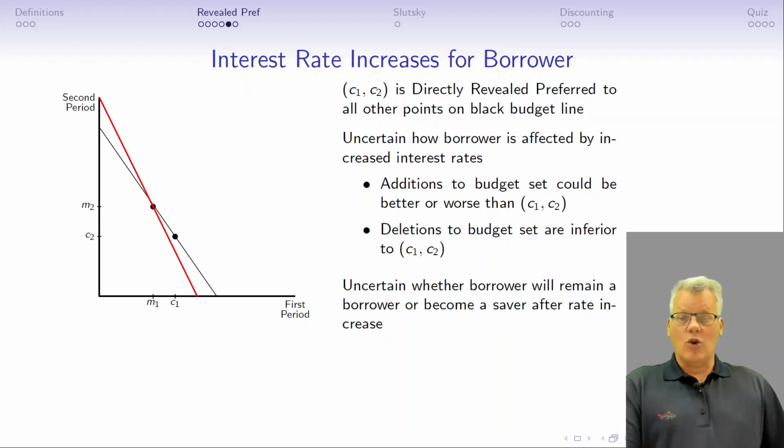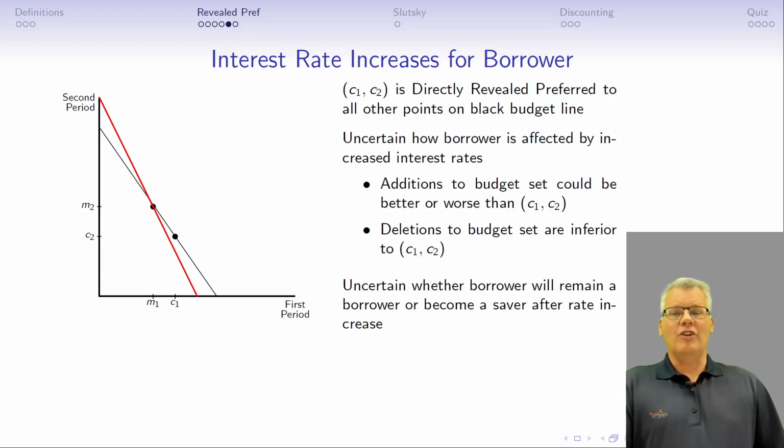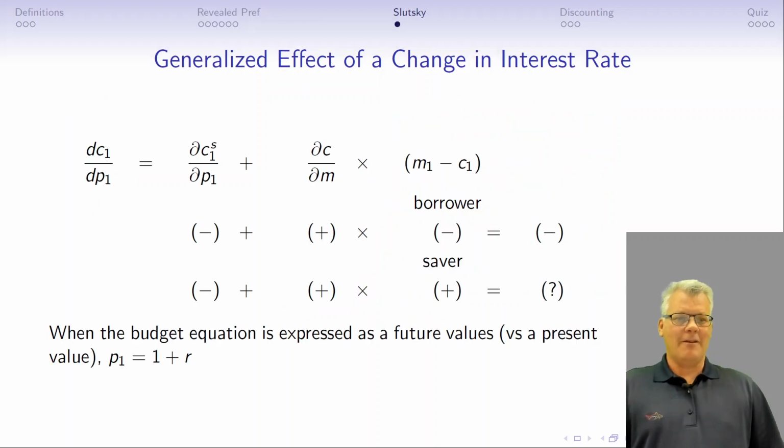What the Slutsky equation tells us is that C1 must decrease as a result of increasing interest rates. So the question is, by how much? That determines whether the consumer continues to be a borrower or becomes a saver as a result of the increase in the interest rates. Okay?